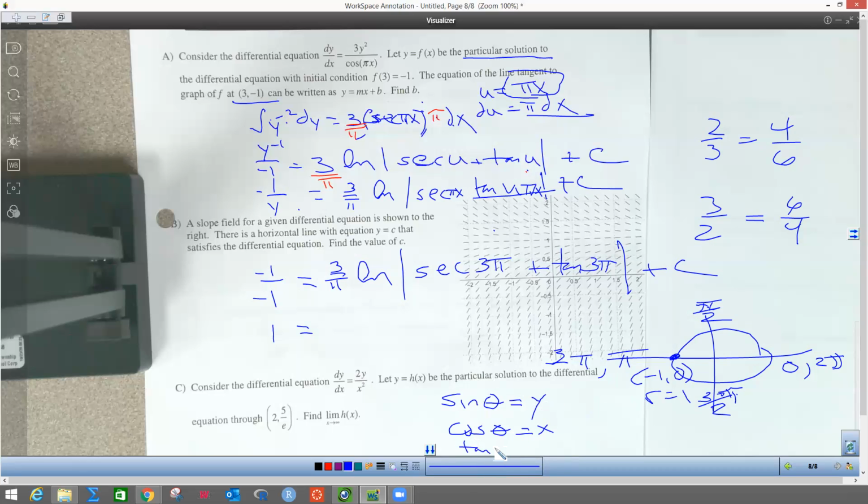And then tangent is y over x. And then what do we do to get cosecant? Anybody know? What's cosecant compared to sine? It's the reciprocal, right? And this is y over 1, so this is 1 over y. And secant is the reciprocal of cosine, so this is 1 over x. And then cotangent is the reciprocal of tangent, so this is x over y.